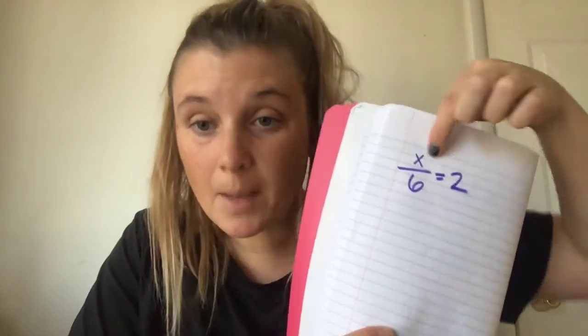Let's do another one. You can do this one on your boogie board or in your journal now. Up to you. x divided by 6 equals 2. Okay, let's think about it. A big number divided by 6 equals 2.